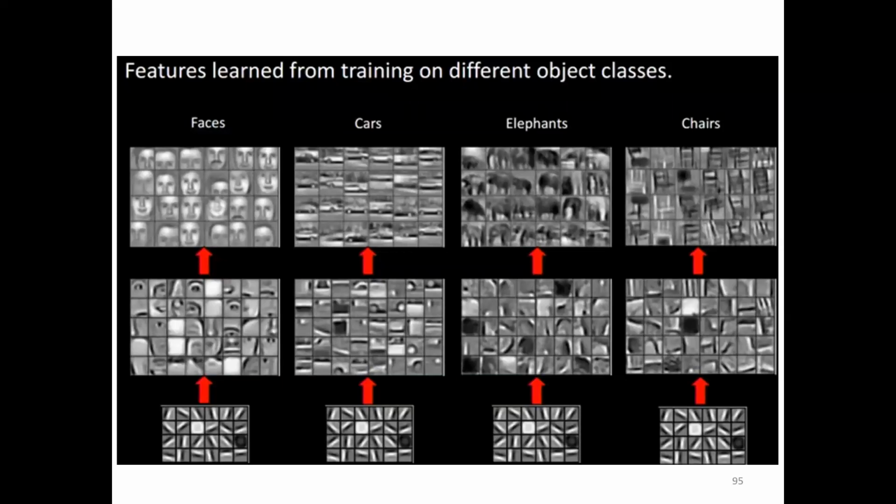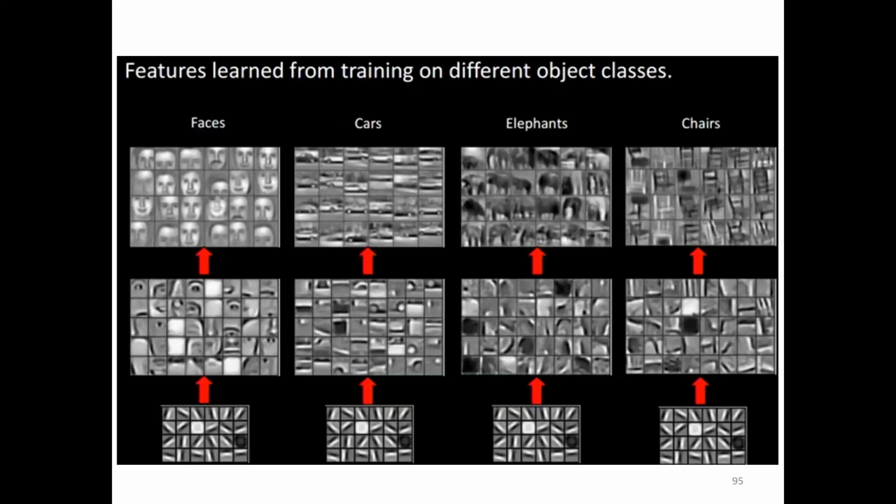Then secondly, when inputs of faces were given, intermediate layer neurons ended up responding to parts of faces. Higher layer neurons ended up responding to entire face-like images. Where the input was a car, the intermediate layer neurons ended up responding to parts of cars. Higher layer neurons ended up responding to car-like images.